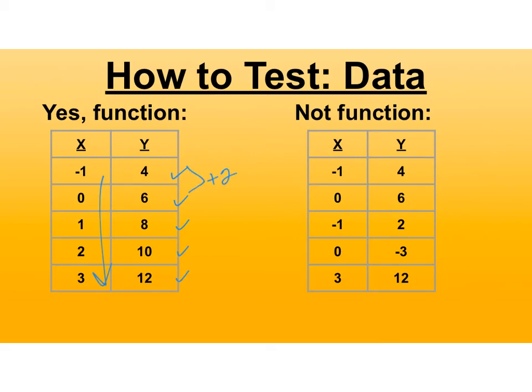But when I look at my y's, when x is negative 1, y could be 4 or y could be 2. And when x is 0, y could be 6 or y could be negative 3. So that one's going to fail because I have x's assigned to more than one y.